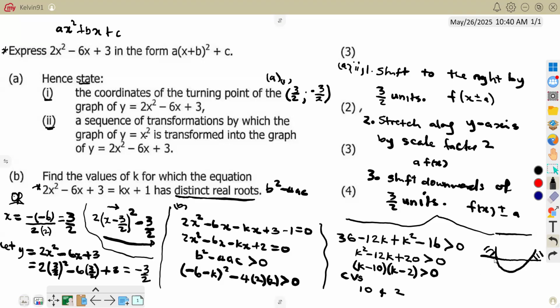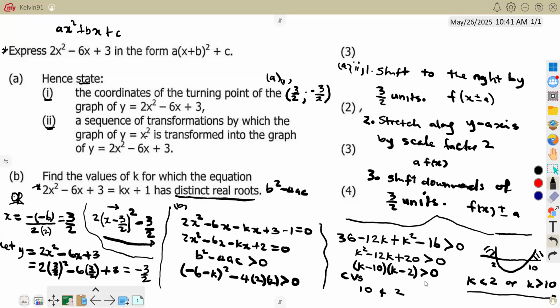Here are our critical values. Here we have our 2. Here we have our 10. So it means k is less than 2 or k is greater than 10 for us to have distinct real roots.